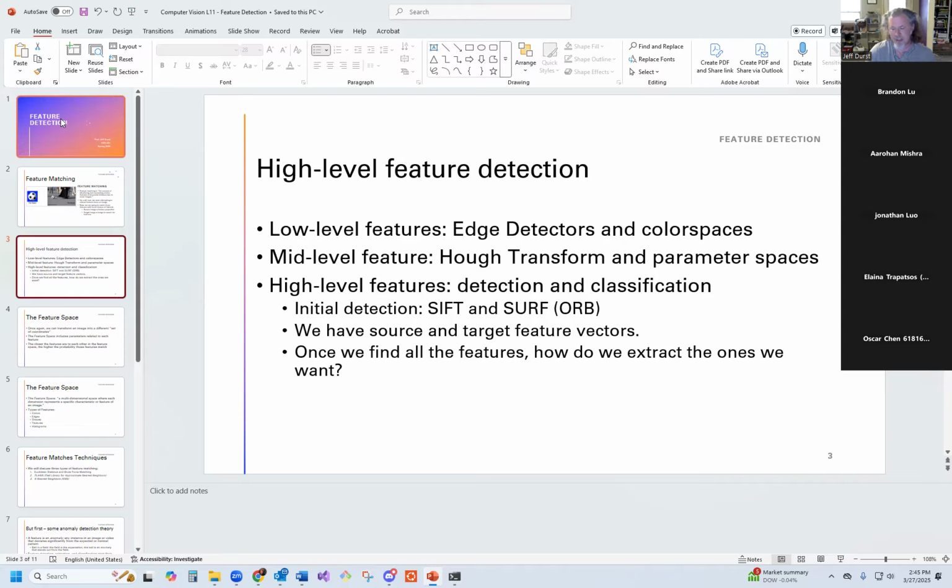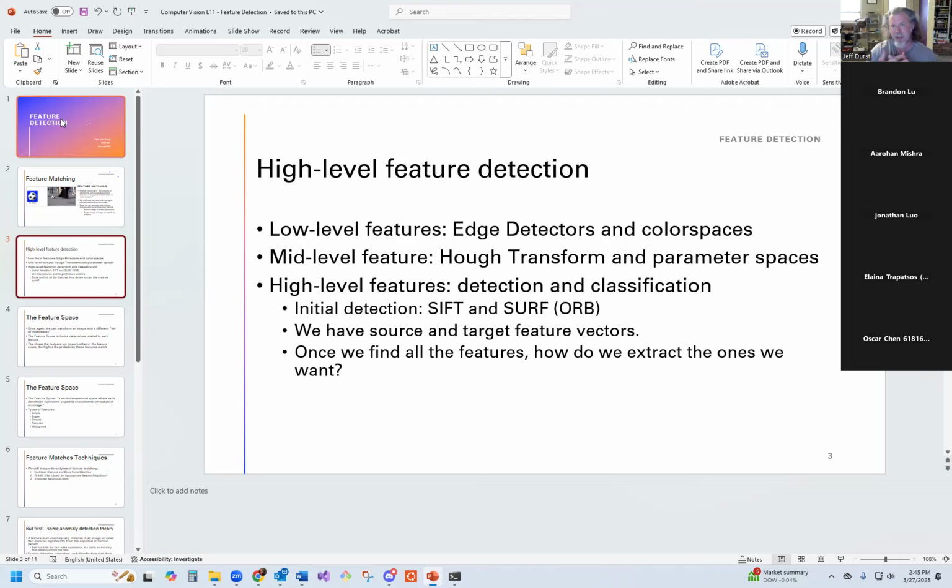So once you get to that mid-level feature detection task, you have abstracted the image past the point of being a normal boring image a human looks at, right? You have added a layer of abstraction to this where you're no longer working with the image directly itself. You are working with information that has been extracted from the image. And so that's the idea of this parameter space, and again with the hue transform, where you are looking at something about the image instead of just the image.